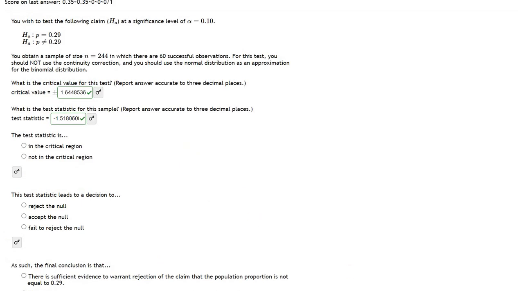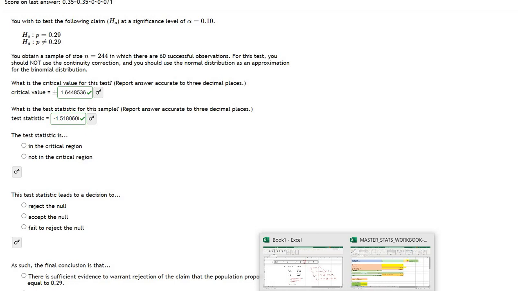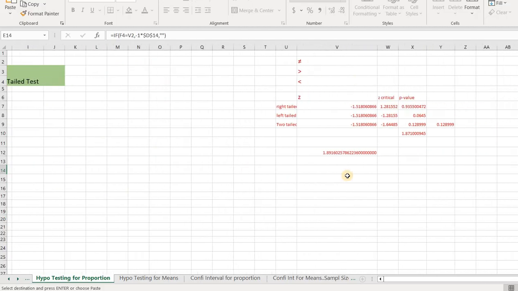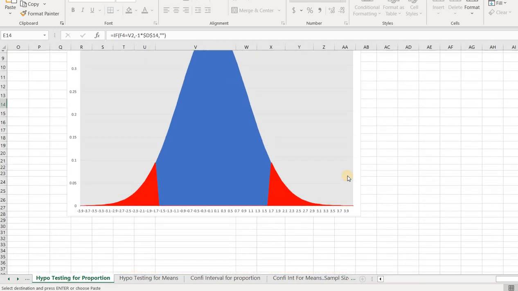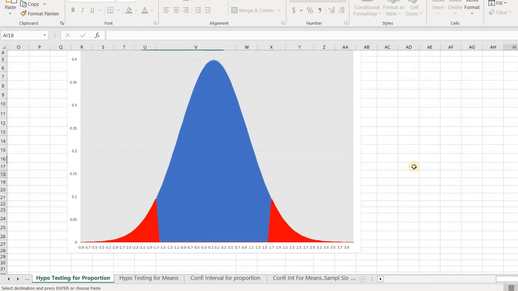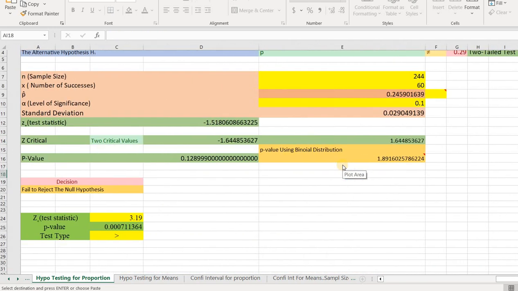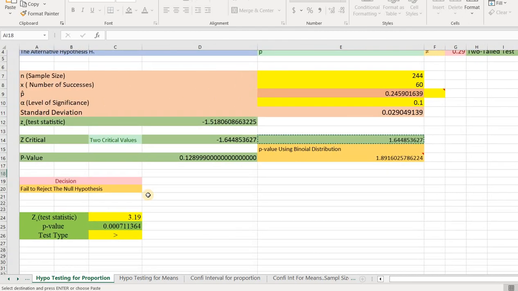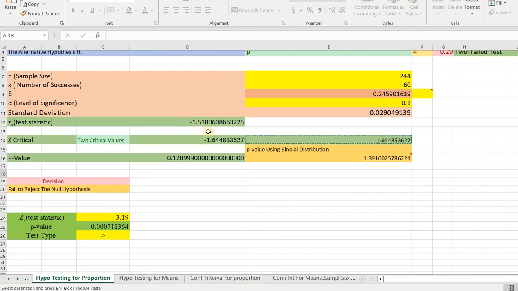Now, how do I know if the test statistic is in the critical region or not? You can do it in two ways. One way is to look at the graph. As you can see here, the test statistic is negative 1.5. Negative 1.5 is approximately here, which is, to be honest, not very clear from the picture, but you can compare that to the critical value.